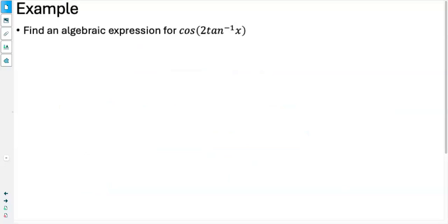Okay, next example. Find an algebraic expression for cos of 2 tan⁻¹ of x. Just like the last one, I'm going to use a let statement to get this started. So we're going to say let theta equal tan⁻¹ x.